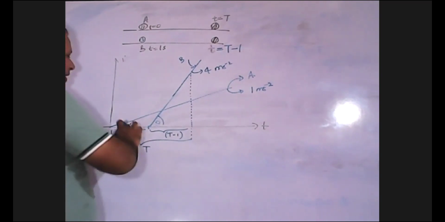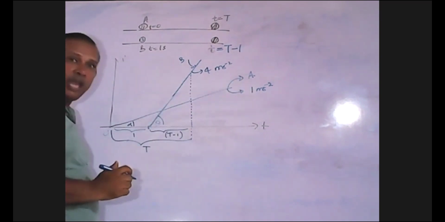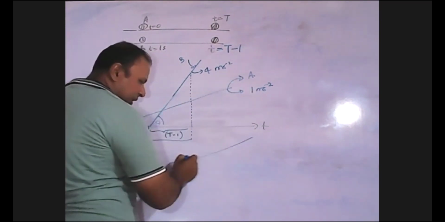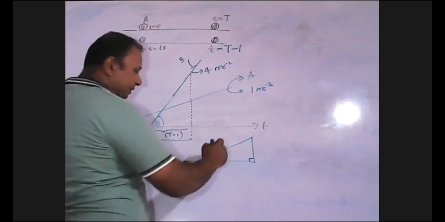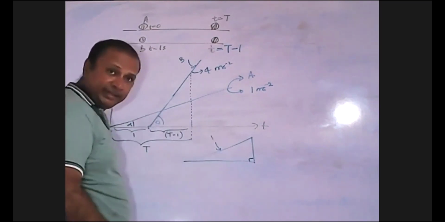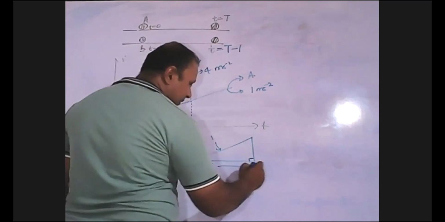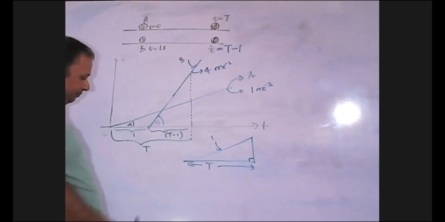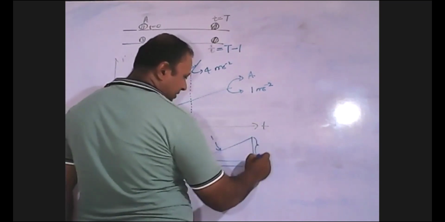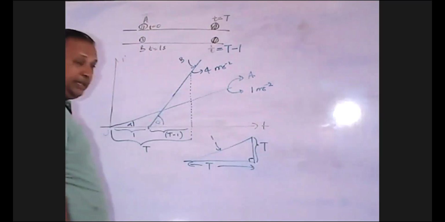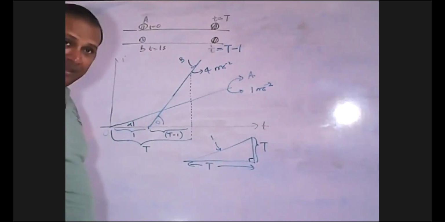Now you can consider curve A only. If you consider curve A, the gradient is 1, and this side is capital T. Therefore, this side is also equal to capital T, because the gradient is 1.